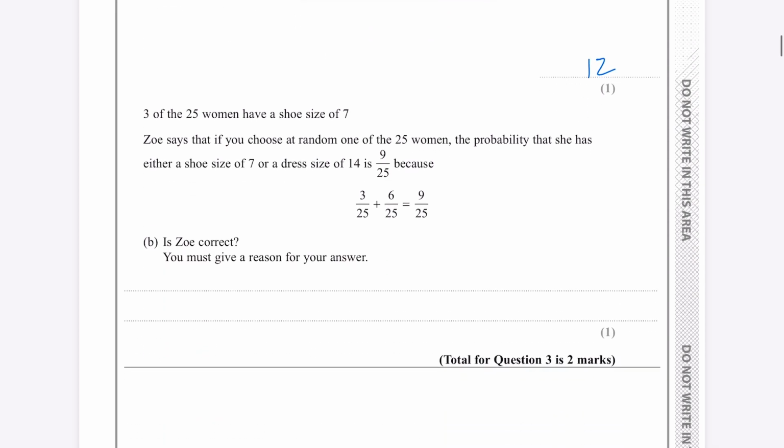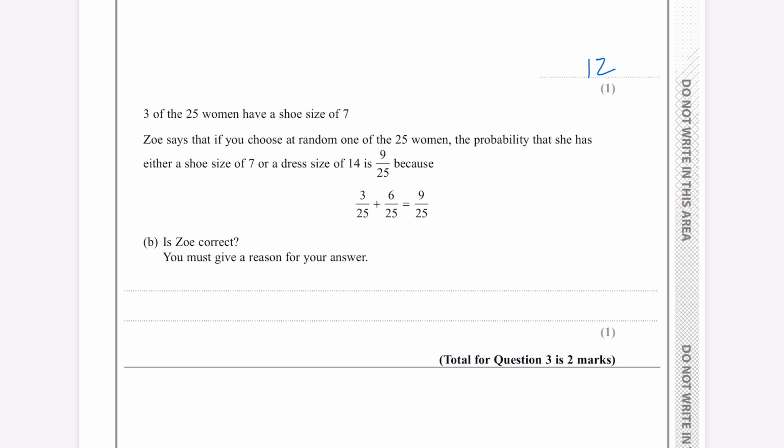3 of the 25 women have a shoe size of 7. Zoe says that if you choose at random one of the 25 women, the probability that she either has a shoe size of 8 or a dress size of 14 is 9 over 25, because 3 over 25 plus 6 over 25 is 9 over 25. Is she correct?